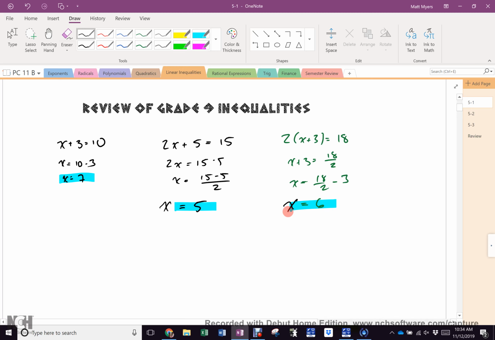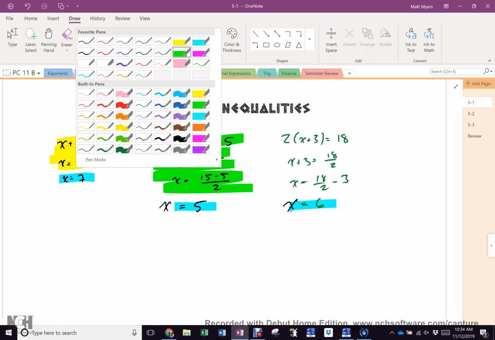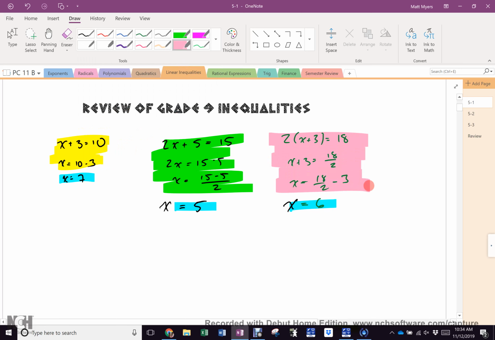Greater than 0? How many values satisfy that yellow equation? 1. How many values satisfy that green equation? How many values satisfy that pink equation? 1. When you are doing equations, how many answers are there? 1.